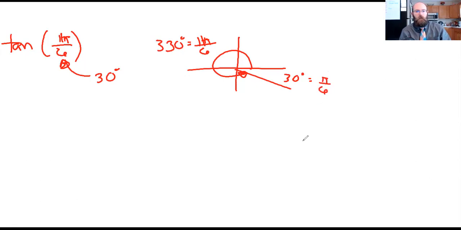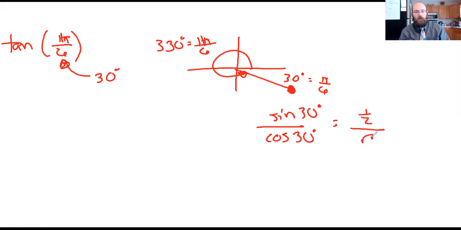Okay, so remember that the tangent of this comes from sine over cosine. And we're looking at a 30-degree angle. These again are memorized. So what's sine of 30? 1/2. Cosine of 30 is square root of 3 over 2. So this is where we're going to do a little bit of algebra 1 stuff.